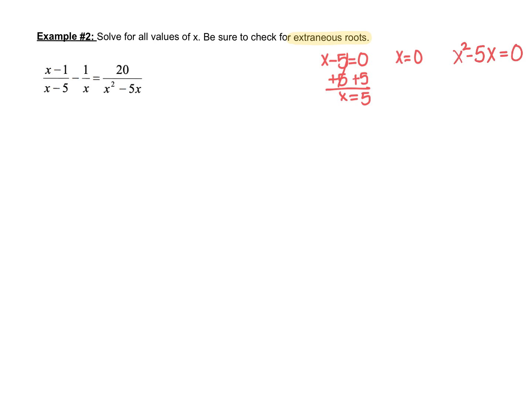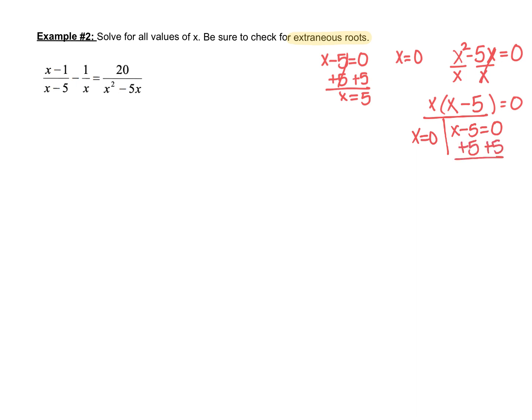So here you're thinking I can probably take out a GCF of x, and x followed by the open parenthesis, and we can do our division. So x squared divided by x gives me x. 5x divided by x, the x's will cancel, and I'm left with 5. And I can do a t-chart. x equals 0, and then x minus 5 equals 0.